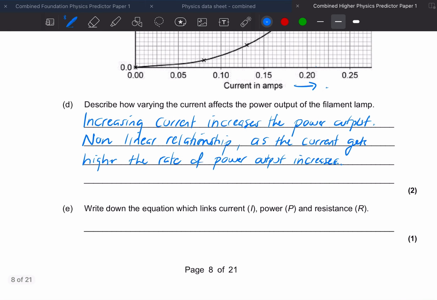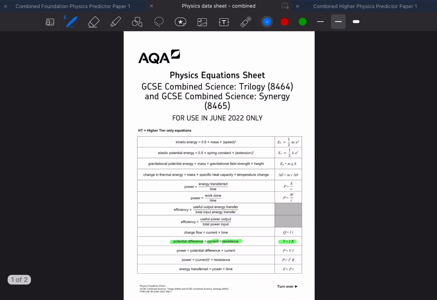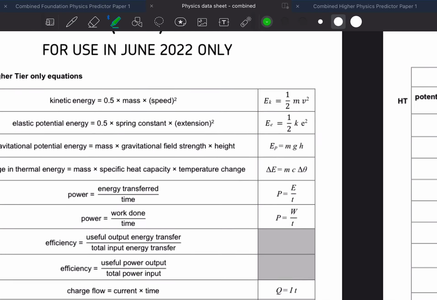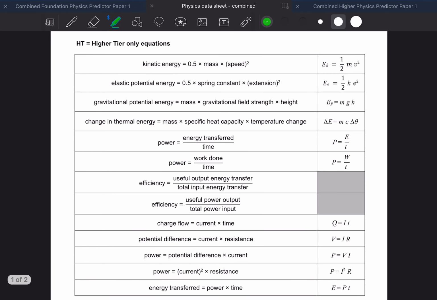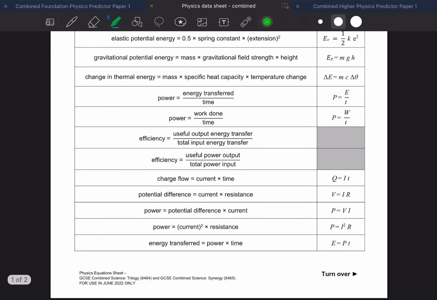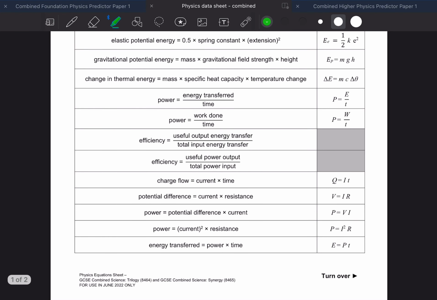Write down the equation which links current, power, and resistance. So we're just going to our physics data sheet, and we're looking for something that's got current, power, and resistance in it. There's power, potential difference and current, that won't work. There we go.